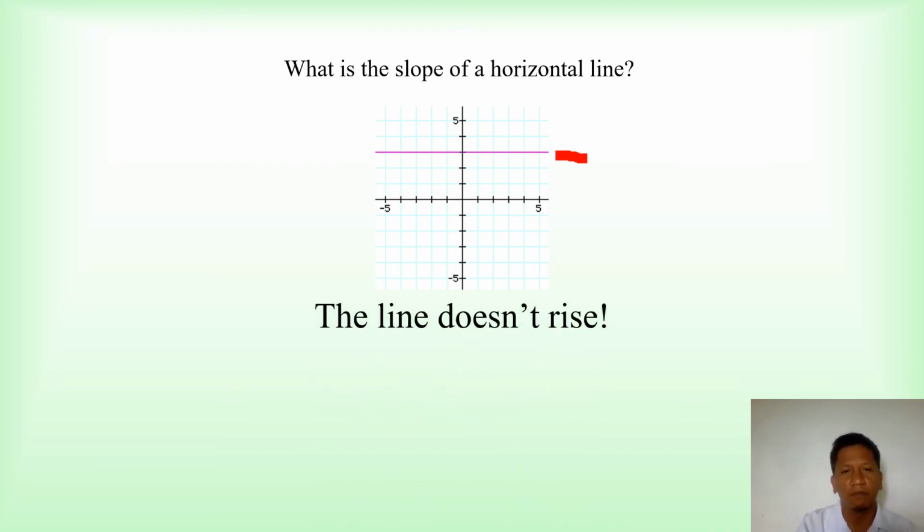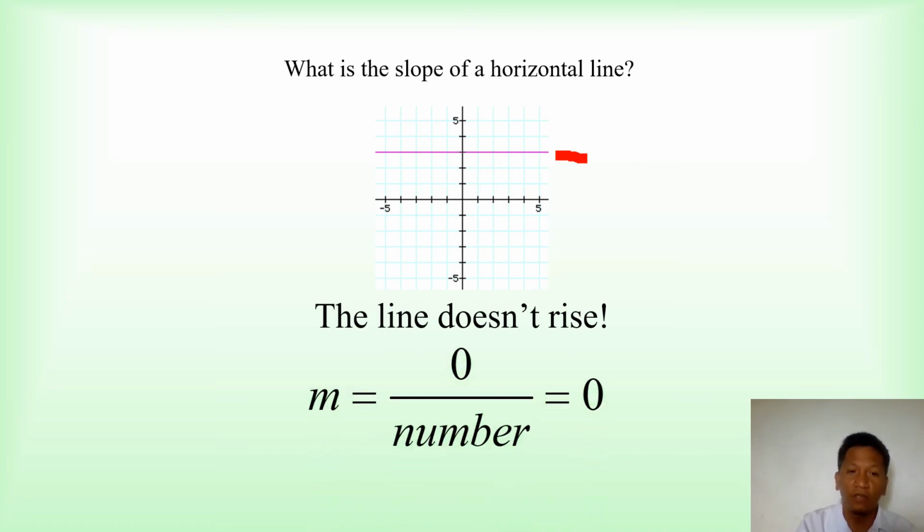Wala siyang rise. So therefore, m is equal to 0 over the number, or m is equal to 0. Therefore, we conclude, my dear students, that the slope of a horizontal line is 0.